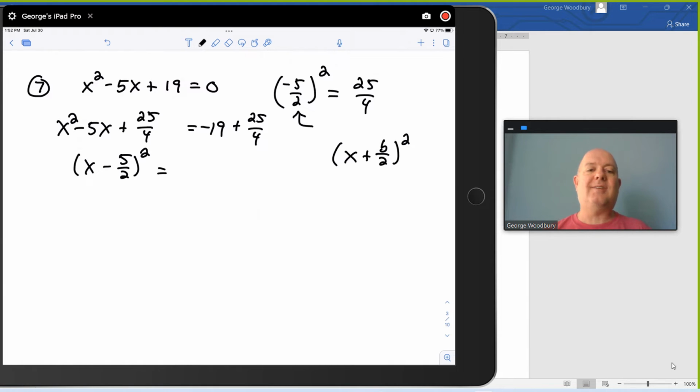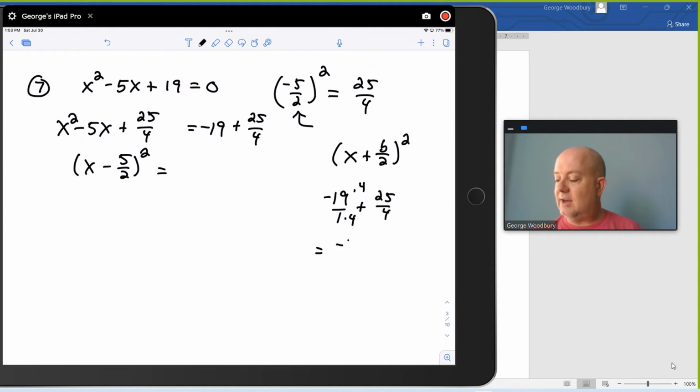On the right-hand side, now I've got to do a little fraction arithmetic. The way I can add those two things together is if they have a common denominator. So I'm going to do this off to the side as well. Negative 19 over 1 plus 25 over 4. The common denominator is 4. So I'm going to multiply the first fraction's numerator and denominator by 4.